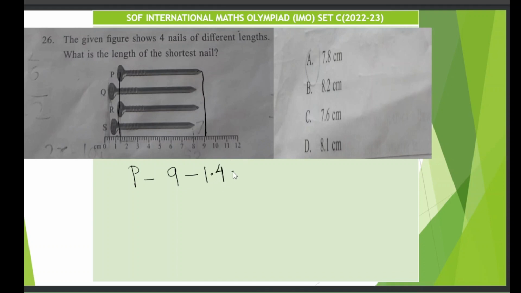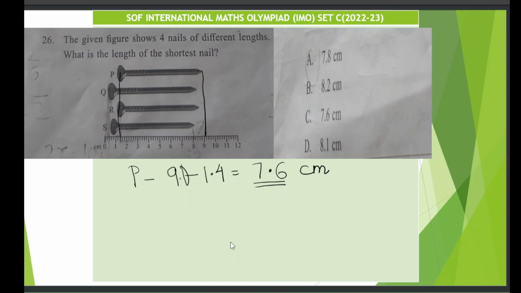You have to subtract, because we have not put the nail coinciding with 0 centimeter. So if you subtract, what will you get? 10 minus 4 is 6, the decimal point. What remains here is 8. 8 minus 1 is 7. So we get the length of nail P as 7.6 centimeters.